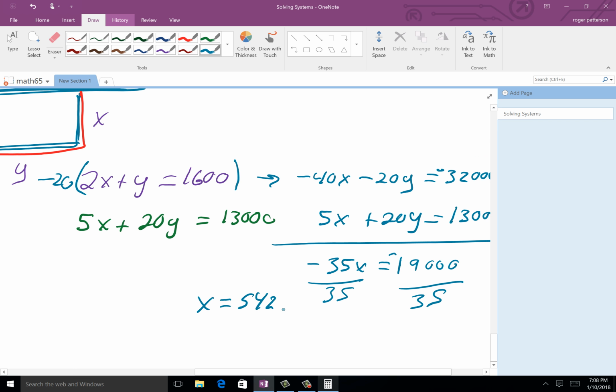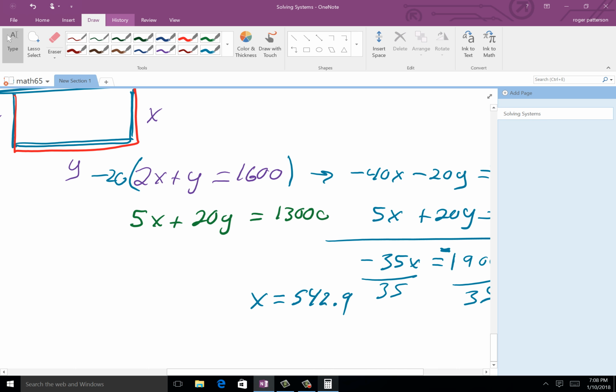So it'd be negative 542.85. But it's got to be positive, because again we have a negative, and I just have this little squiggly negative there. And it's a length, so it's got to be positive. Oh, yeah, it's negative. So we got that. So then I put that in.